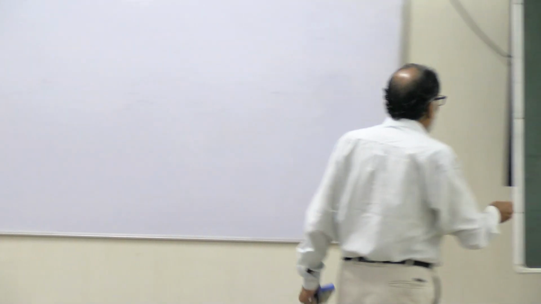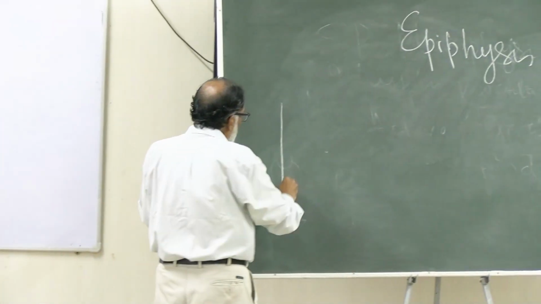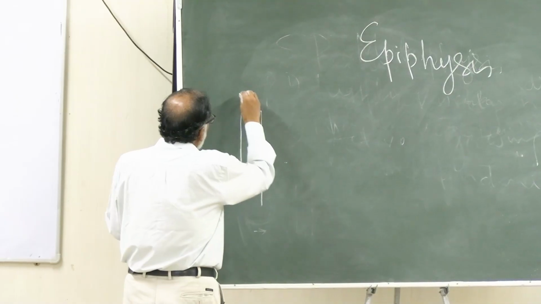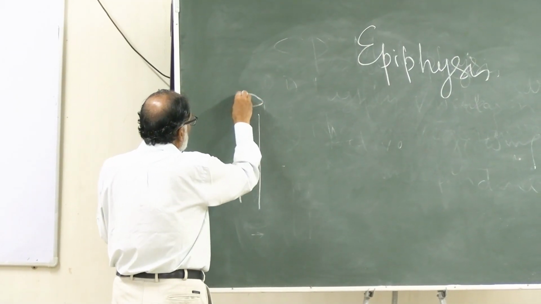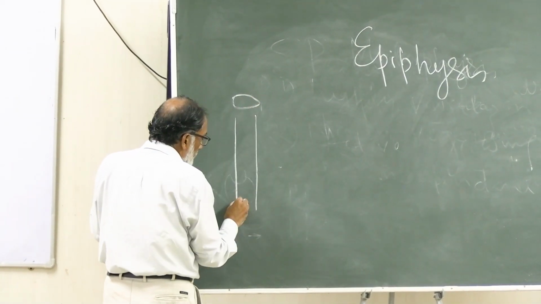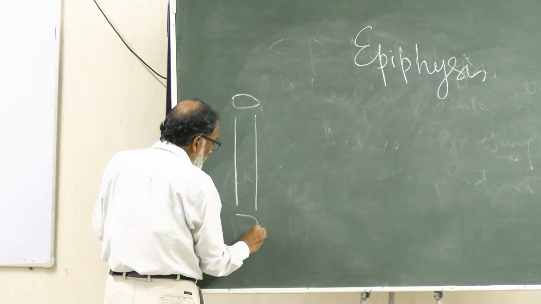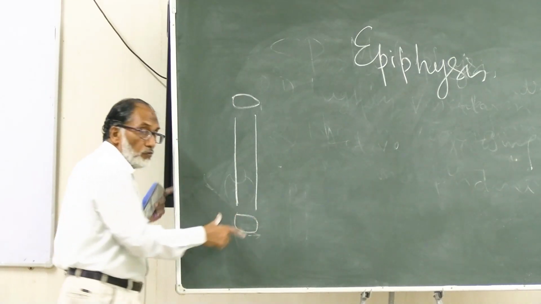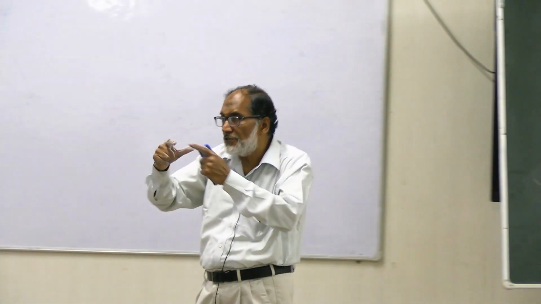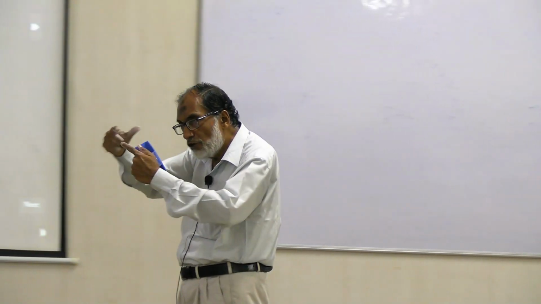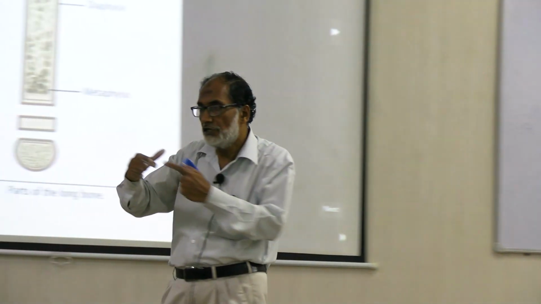Now, this is important, when it will join with the bone. Suppose this is the diaphysis. Here there is an epiphysis, and here another epiphysis. These two epiphyses will not unite with the shaft simultaneously.